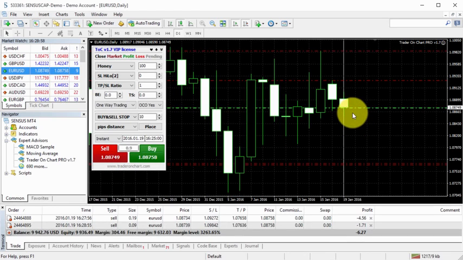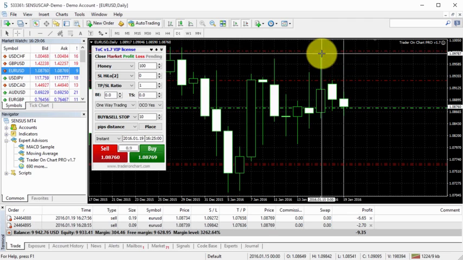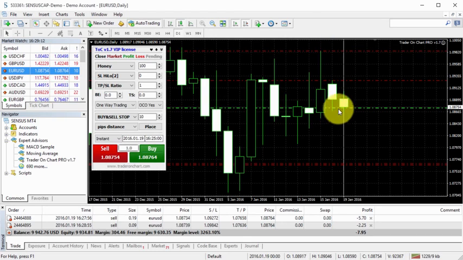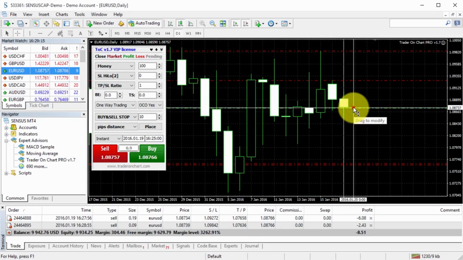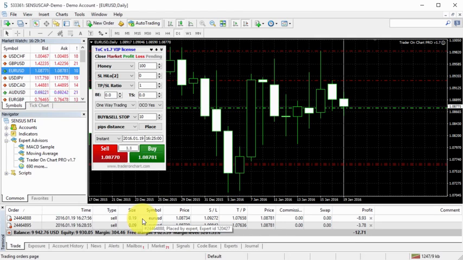Immediately places another sell trade, and just like I was saying, my stop loss was placed right at this high price, and my take profit is of the same size as the stop loss. So my stop loss is about 110 pips, and my take profit is 110 pips as well. So obviously both trades had position sizes calculated exactly to lose $100.